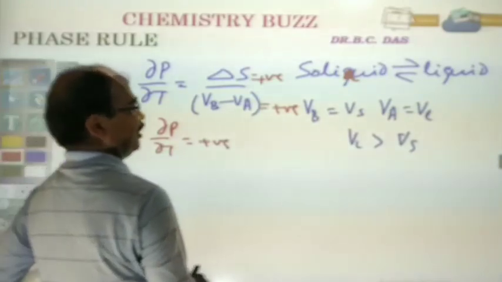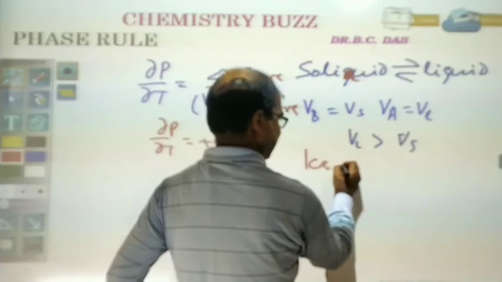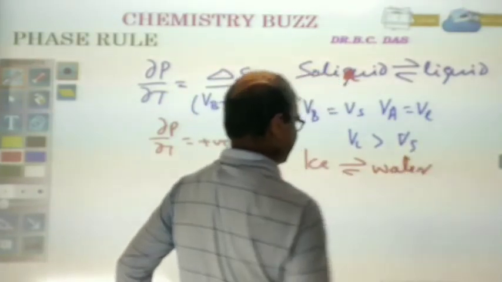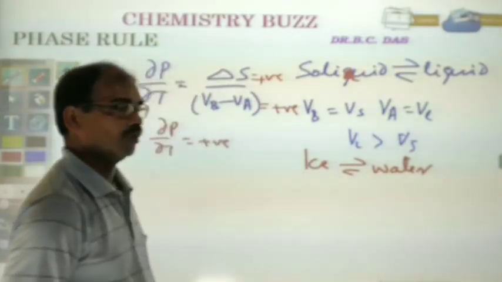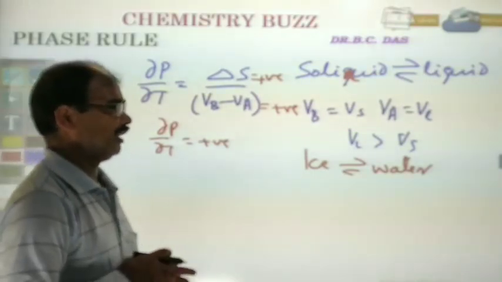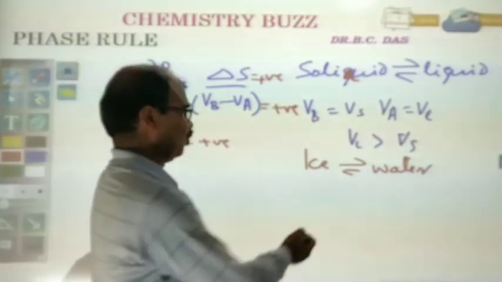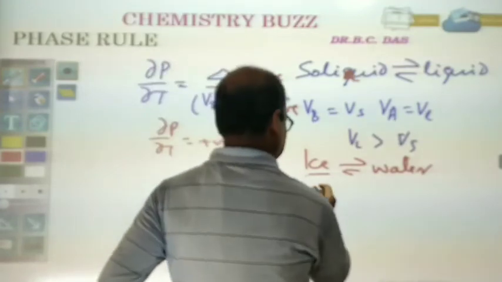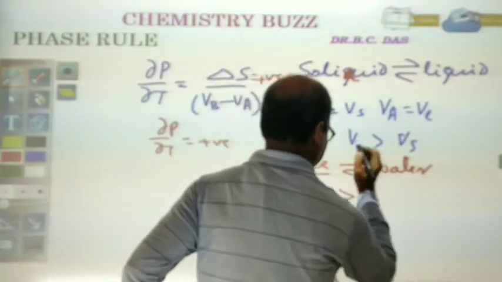Okay, and dP by dT is positive. Okay, but if we take the equilibrium between ice and water, so water shows the anomalous behavior. As you know, when you move from 4 degree to 0 degree centigrade, the volume of water increases, and it is maximum when it is in ice form. So here V_s is greater than V_l.